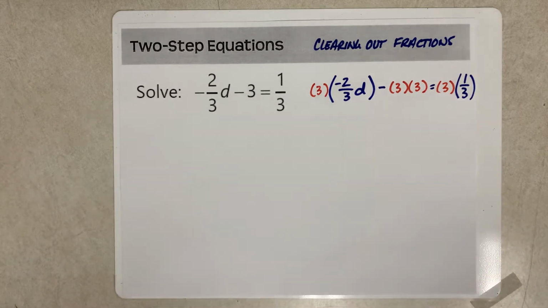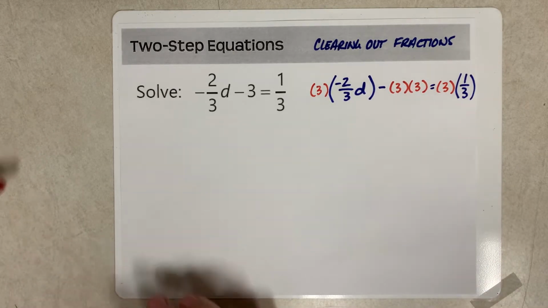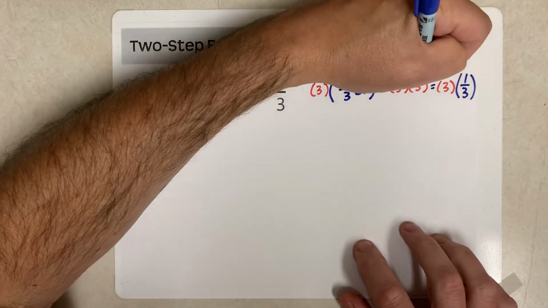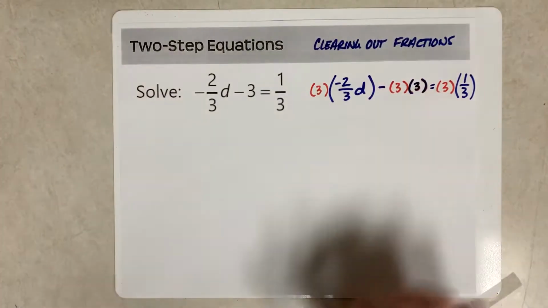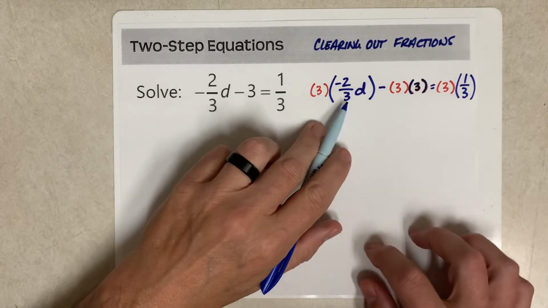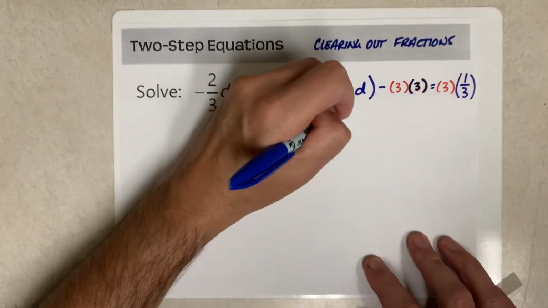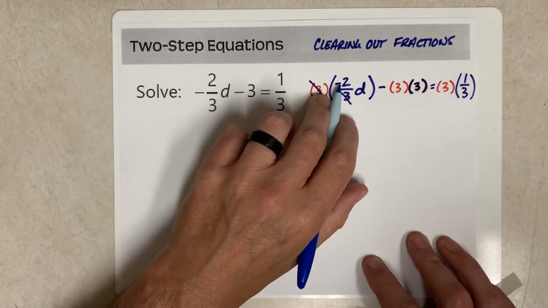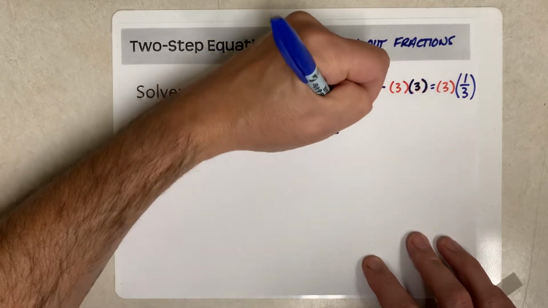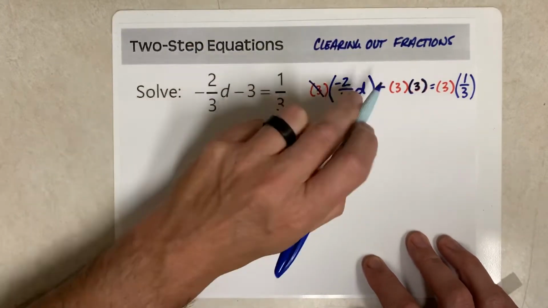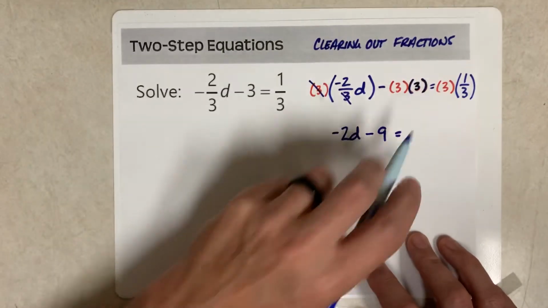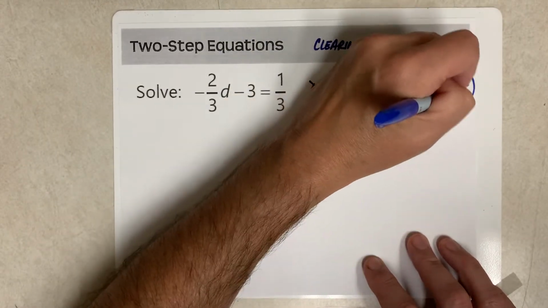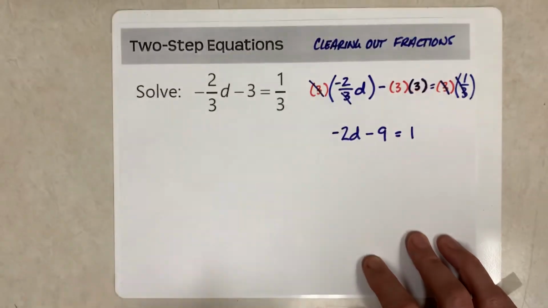All right, so how's that going to work? Okay. 3 times 2/3. That 3 and that 3 cancel, and I bring down my negative 2d. Minus 3 times 3 is 9, equals, and now 3 times 1/3, they both cancel out and make 1.